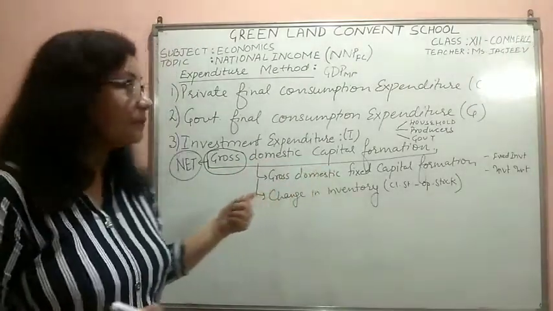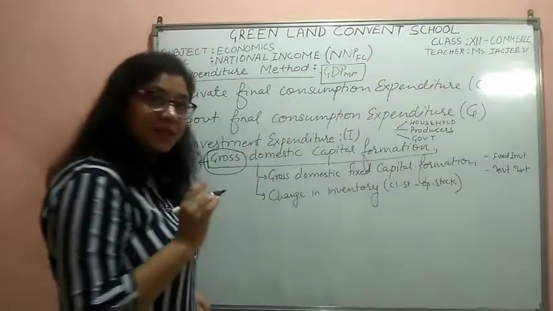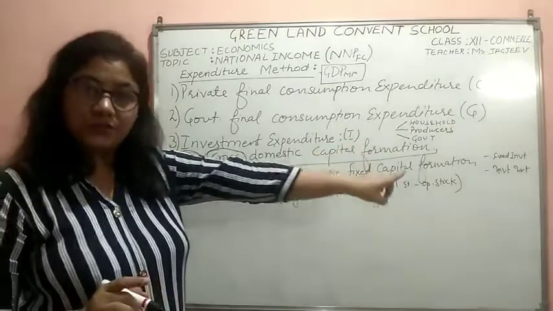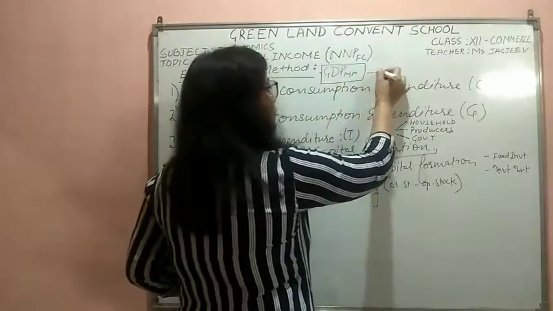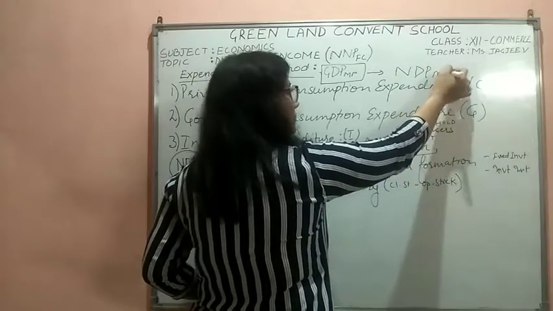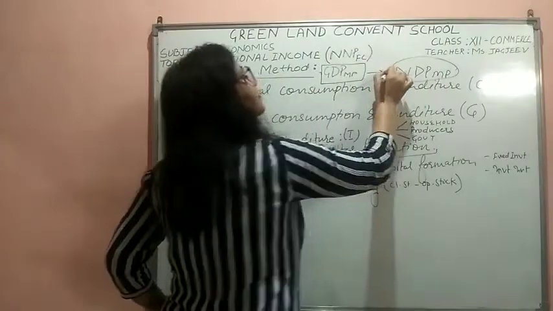Then what will happen? We are going to find GDP at MP with the expenditure method. If the word net domestic capital formation is given, our answer would come as NDP at MP, not GDP at MP.